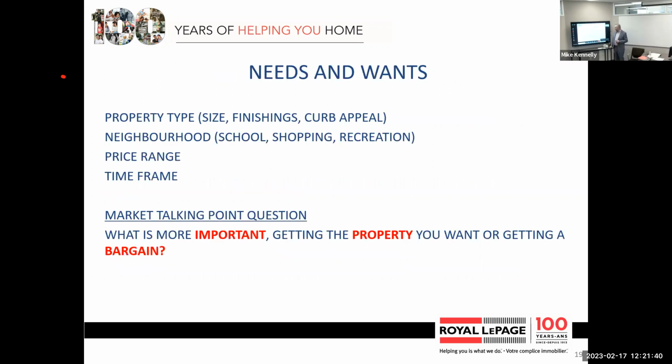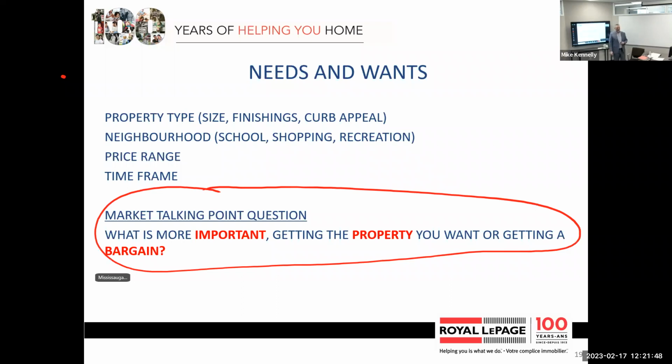Needs and wants. We talked about this, but this was one of those questions that I used to ask in a market like we find ourselves in right now. We're out shopping with a buyer, and that buyer is looking at two things in their mind. They're either wanting a big bargain, a big deal, or do they want to get the property?